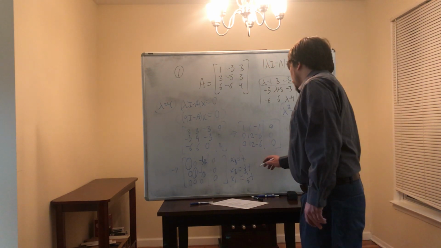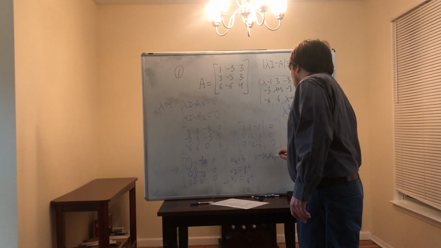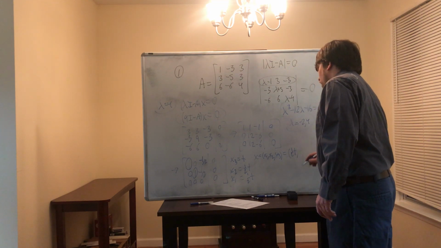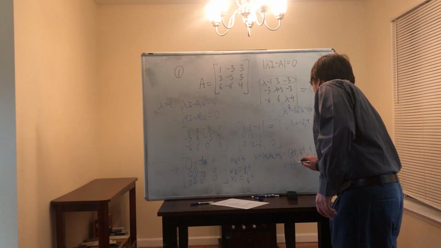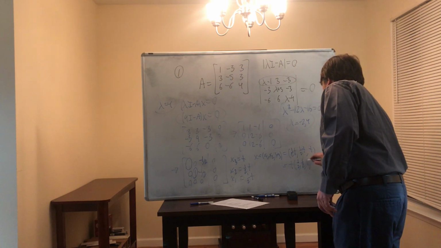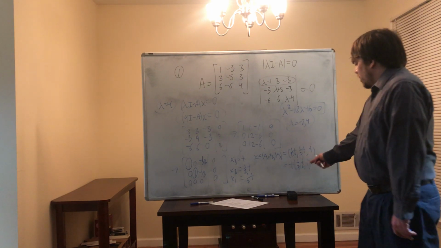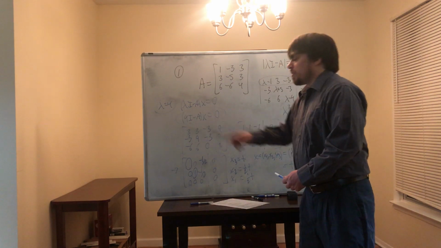And so the vector x, which is x1, x2, x3, looks like 1/2 t, 1/2 t, t. That's equal to t times 1/2, 1/2, 1. And so any multiple of 1/2, 1/2, 1 is a solution to 4I minus A times x equals 0.